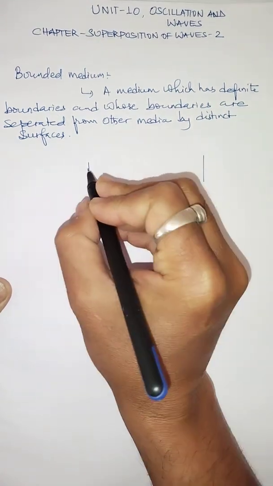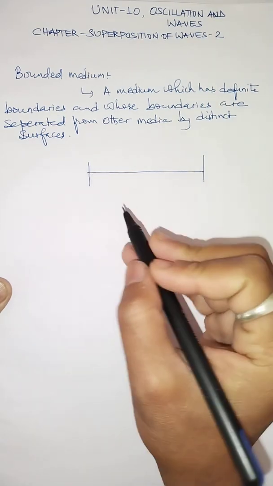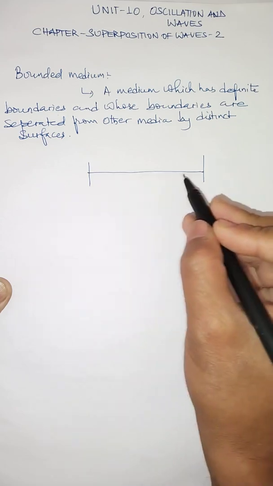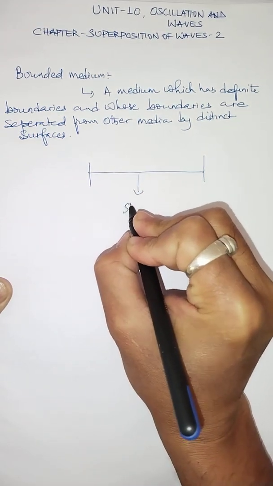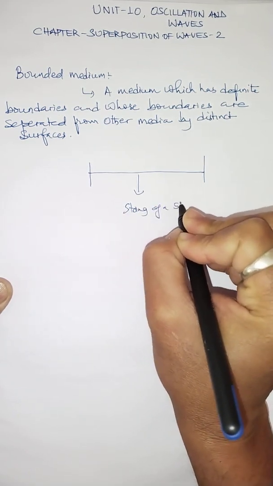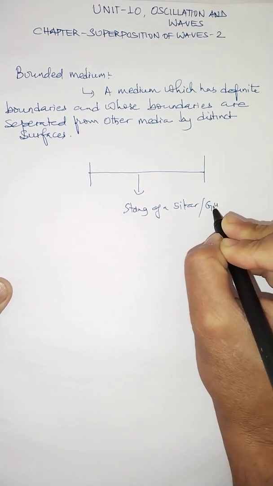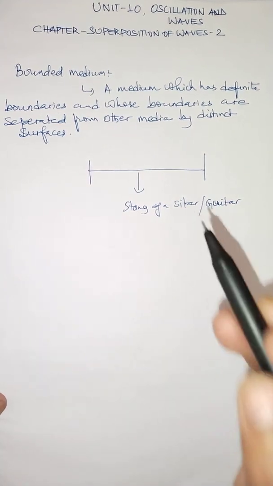When I take the string of a sitar or guitar also, it is a bounded medium. So string of a sitar, it can be a guitar also, are examples of a bounded medium.